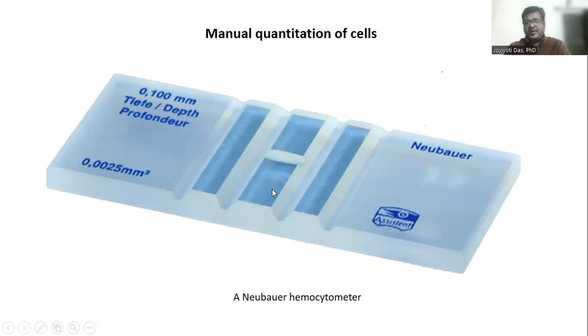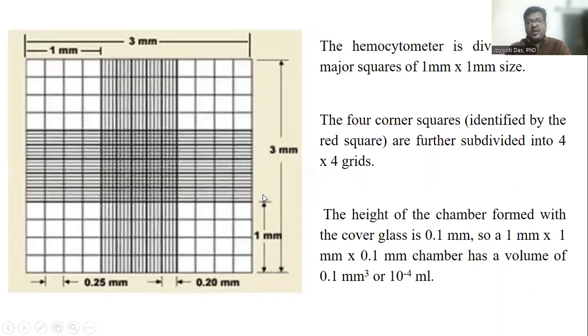Since the cover slip is lying on top of this grid chamber, you push in or infuse the cell suspension through your micropipette into this particular chamber. Cells will be spread all over this chamber.